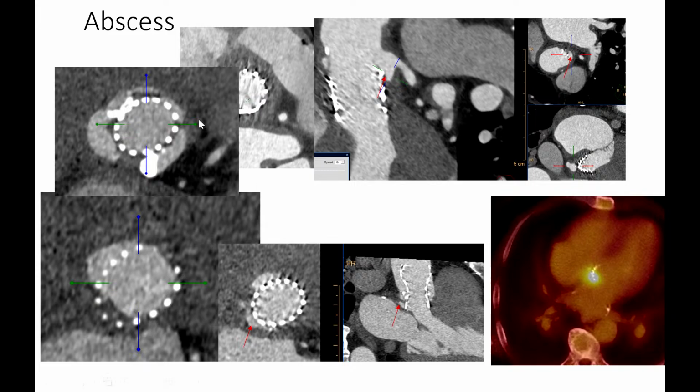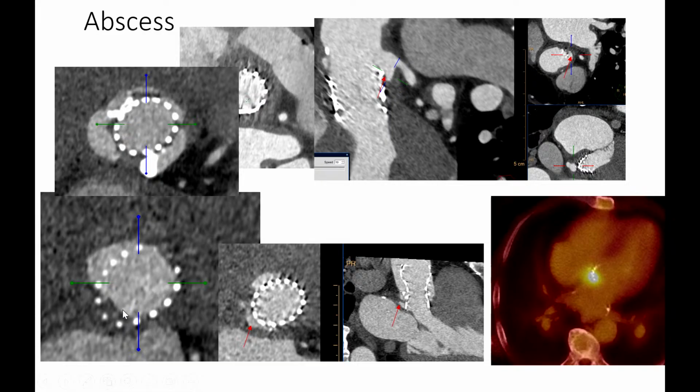And again, this is some example of abscess. In this case, it was near the left main, original left main. And this one is subvalvular, near the left atrium. This patient had suspected endocarditis, so a CT was done a month earlier. This wasn't seen, but you saw this.